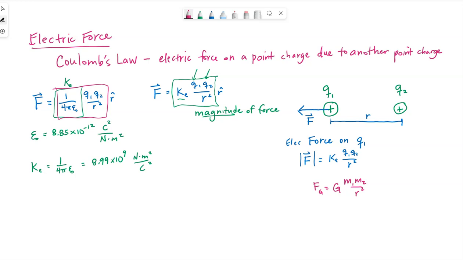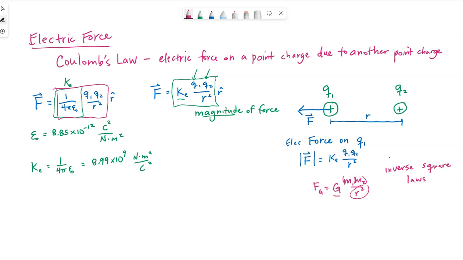So the form and the look of the equation is similar in that we have a constant, we have characteristics of the object. For gravity, it's the mass, and then this distance squared. Both of these are called inverse square laws because they have r squared in the denominator.